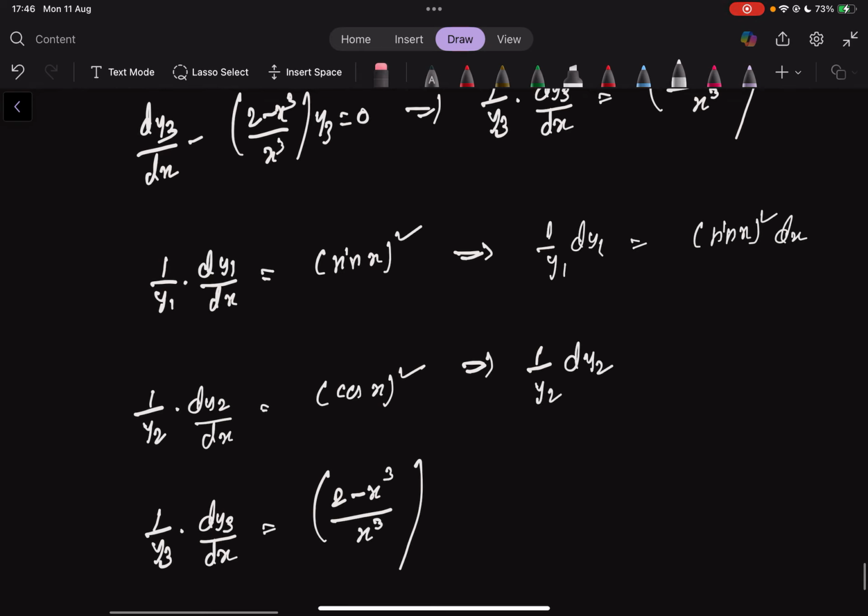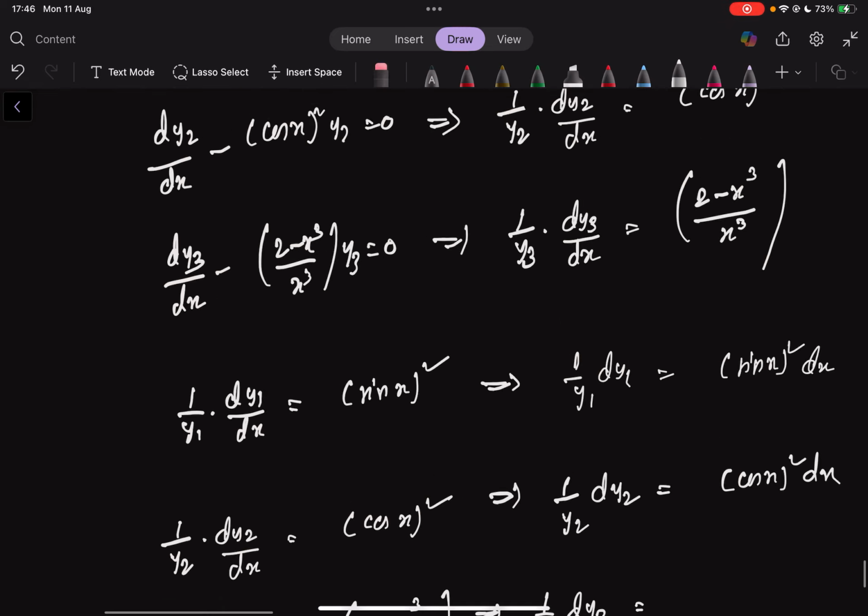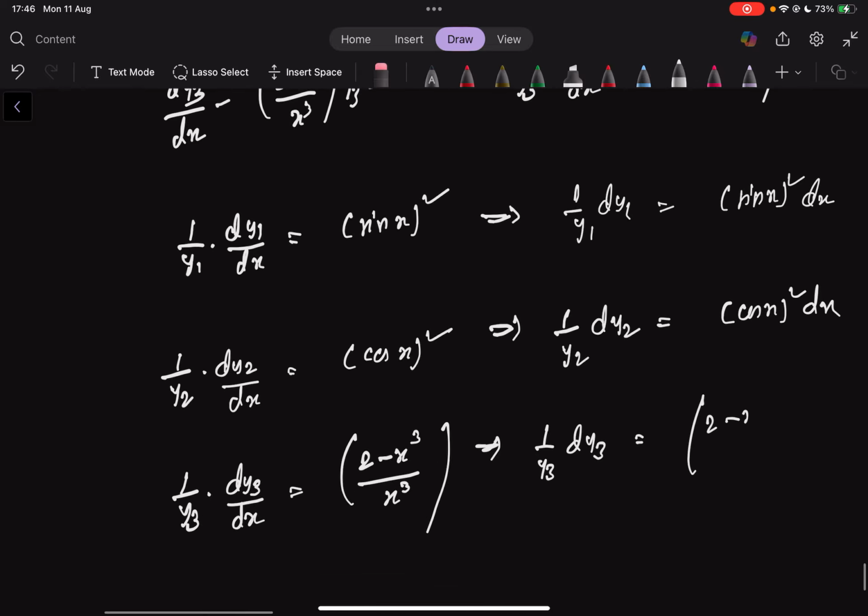So (1/y2) dy2 equals (cos x)² dx, and (1/y3) dy3 is (2 minus x³)/x³ dx.